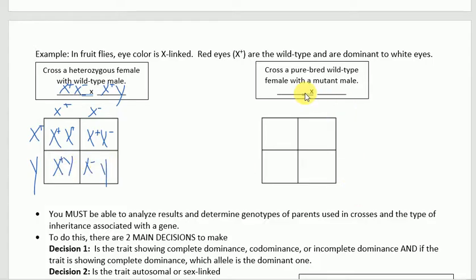Here we're going to cross a purebred wild type female with a mutant male. So we have X^+ X^+ crossed with a mutant.